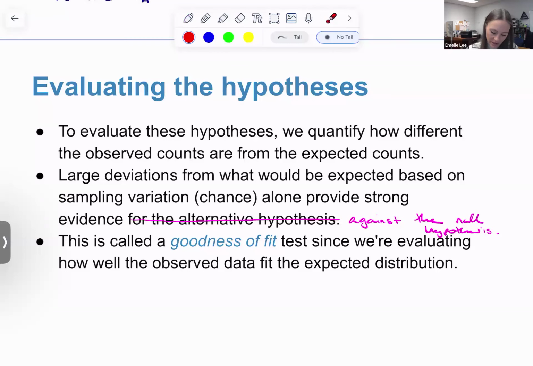It's called a goodness of fit test because we're evaluating how well the observed data fit the expected distribution. We expect some variation, but if it's within the realm of chance, then we say that, okay, they're basically the same.